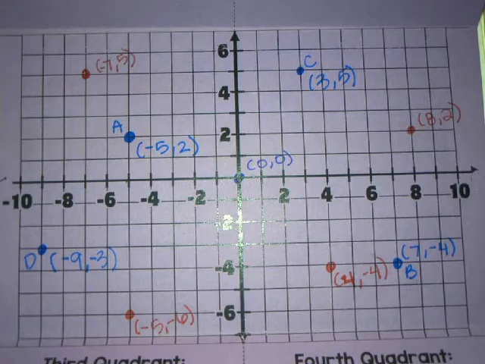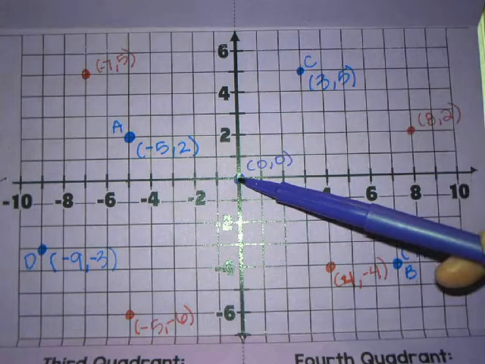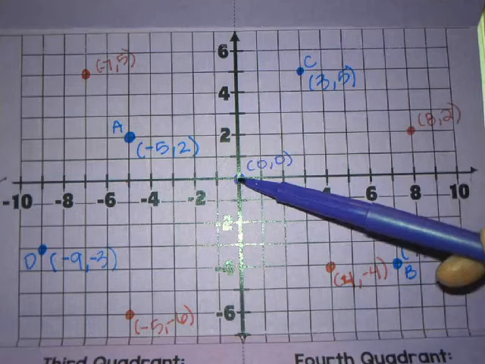0, -5. Tell me what I do. You start in the origin and you go to the left 5 times. So I said 0, -5.